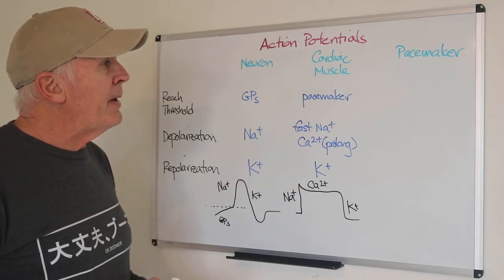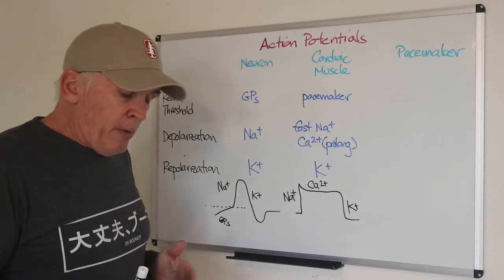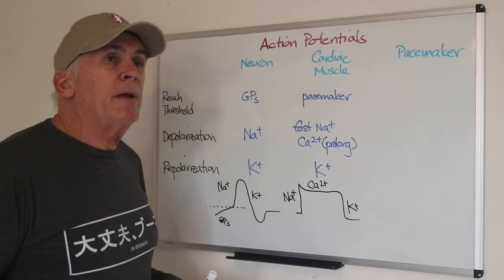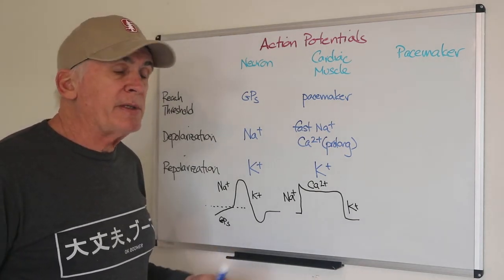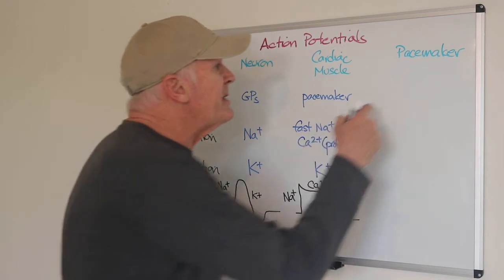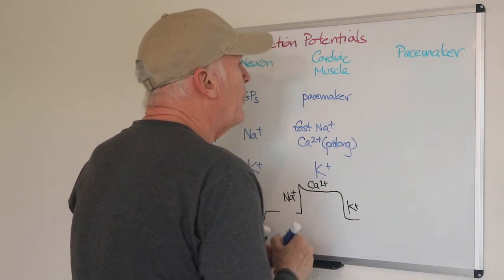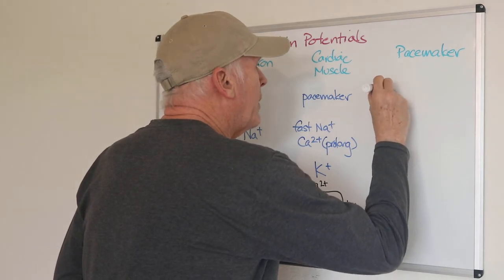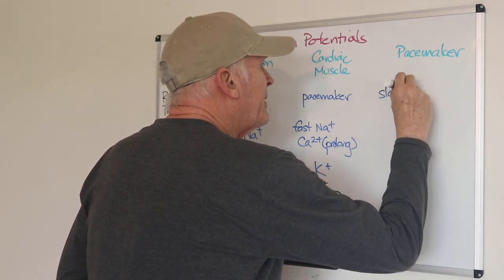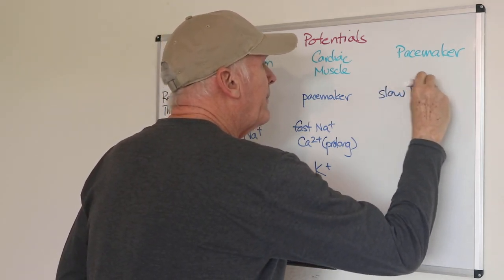The pacemaker now. Pacemaker, weird, because how do you get the cell to fire in the first place? It's very clever. In this case, you use what are called slow sodium channels. And we'll take a look on the graph in a moment. So we have slow sodium channels, all right?